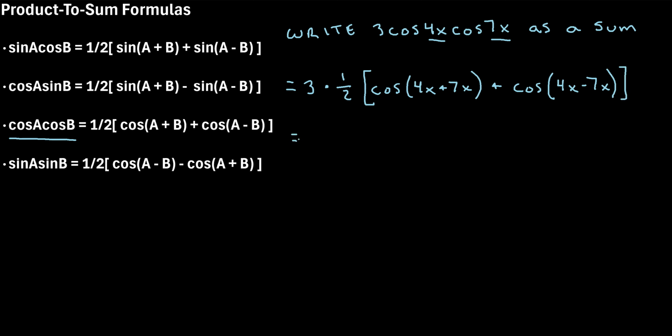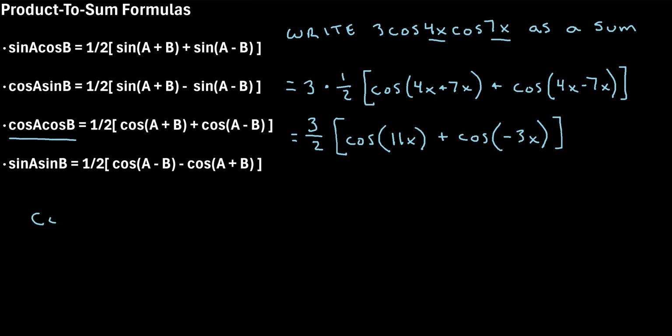So outside of the brackets, we have 3 times 1/2. So we can just write that as 3 halves. And then inside the brackets, we have the cosine of 4x plus 7x, that's 11x, plus the cosine of 4x minus 7x, that's negative 3x. And remember, we said cosine is one of our even identities in trigonometry.